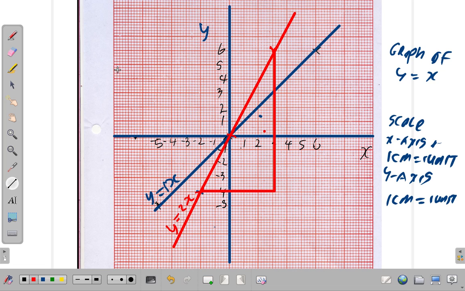This is a triangle. Now, how tall is this triangle? How many units? 1, 2, 3, 4, 5, 6, 7, 8, 9, 10 units high. So the height of this triangle goes 10 up.